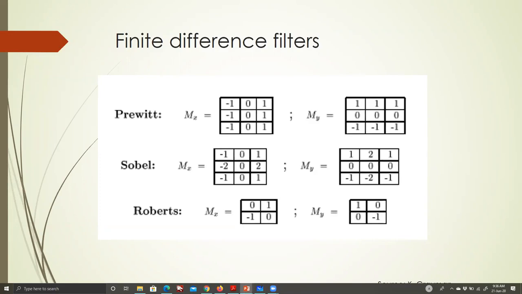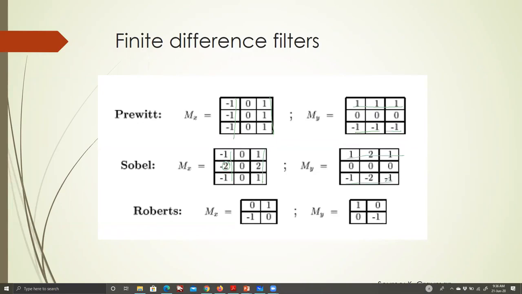Here you can see this is x. On x, it has to go from negative to positive or positive to negative, both will work, but Prewitt is negative to positive. And here on y, it goes positive then negative. Similarly in Sobel, there is also intensification with this too, so it intensifies the differences. And similarly here as well.